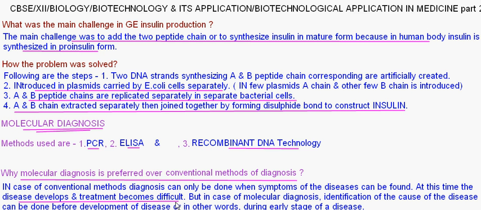So we can also say before the development of the disease or during the early stage of a disease. So the treatment also becomes easier. Now coming to roles of each method.